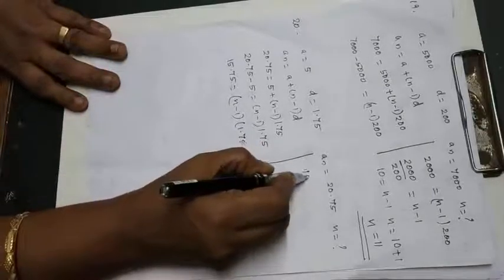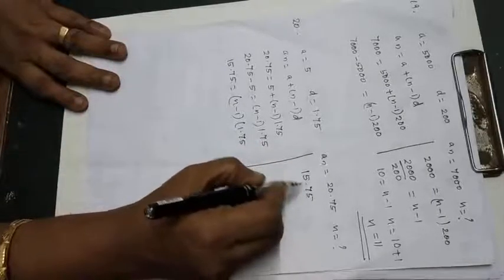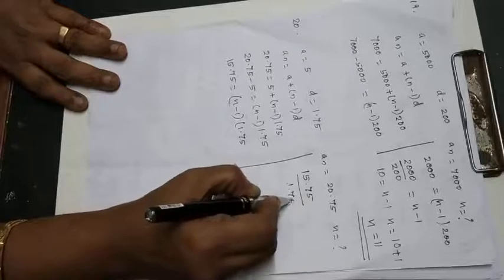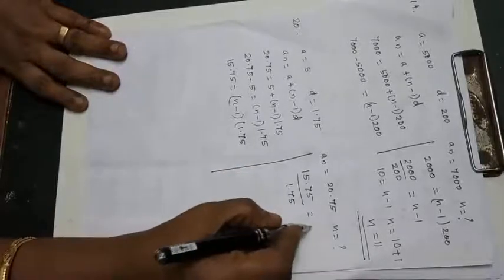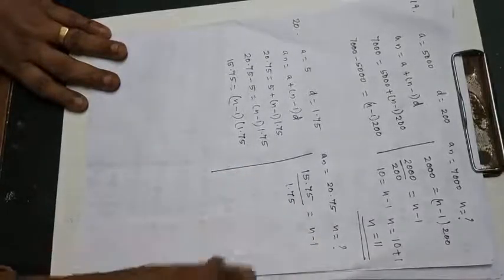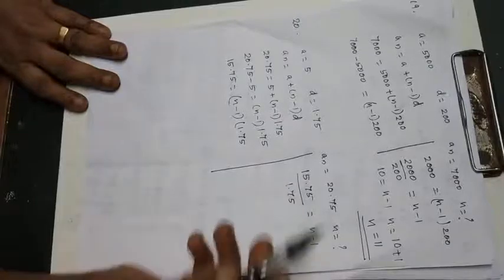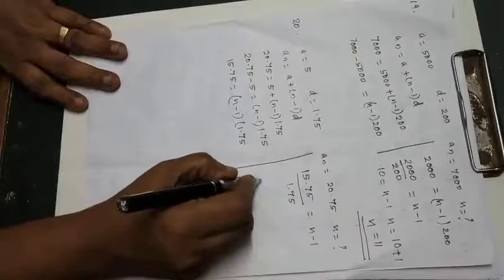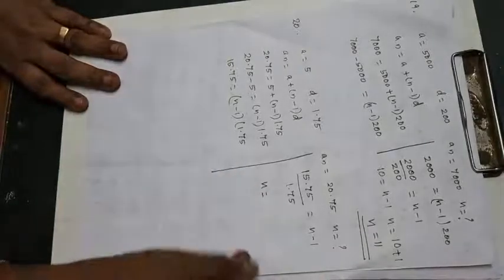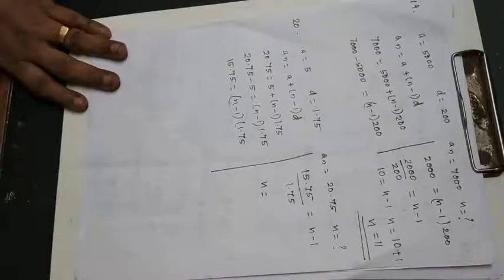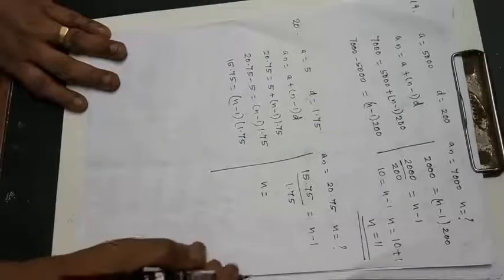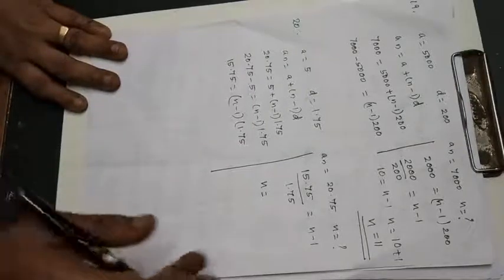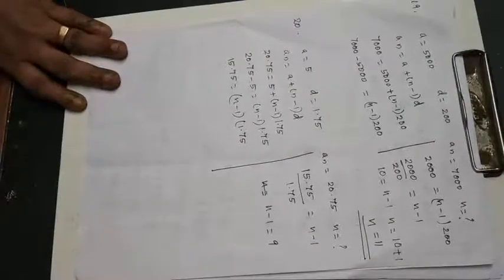or 15.75 by 1.75 will be equal to n minus 1. Divide that one. What is n? So when you are dividing that one, you are getting 9.